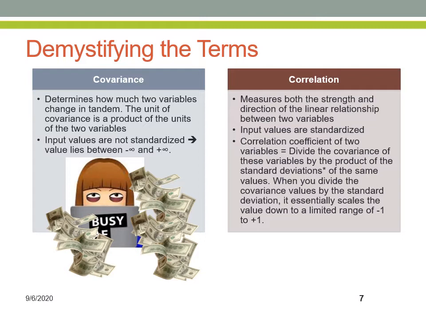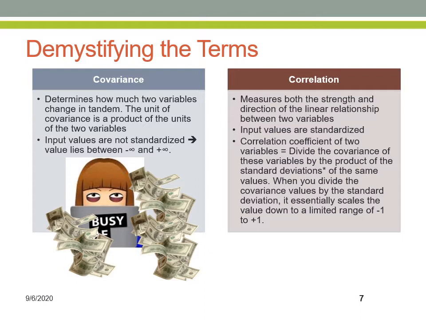The results of covariance can lie between negative infinity and positive infinity. That can be hard to plot or manage. That's why we have correlation. Like covariance, correlation measures the strength and direction of a relationship, but it does that by standardizing the result of the associated covariance calculation.